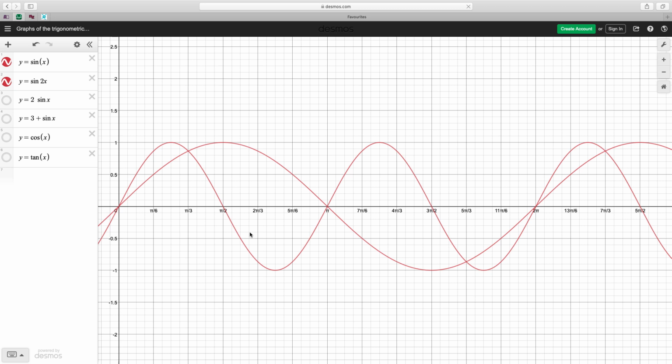So the effect that has on our graph is, this was our original one, where at 90 you get 1, it goes back through 0 at 180, down to minus 1 for 270, and back to 0 for 360, yeah? What effect has our sine of 2x graph had?